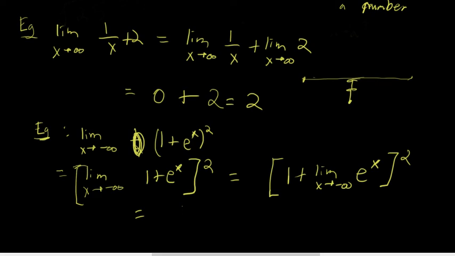And as that number gets bigger and bigger, so you have e to the minus 10 billion, which is 1 over e to the 10 billion, that will become closer and closer to 0. So we essentially have the quantity 1 plus 0, squared, which is just 1.